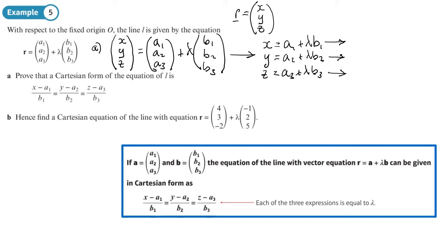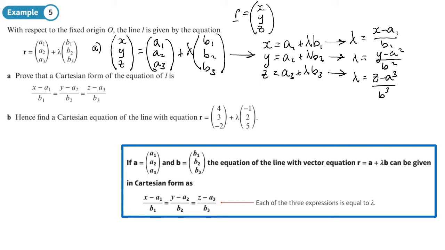So it's going to be (x minus a1) over b1, (y minus a2) over b2, and (z minus a3) over b3.